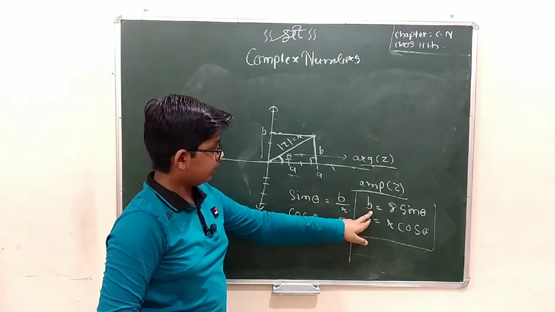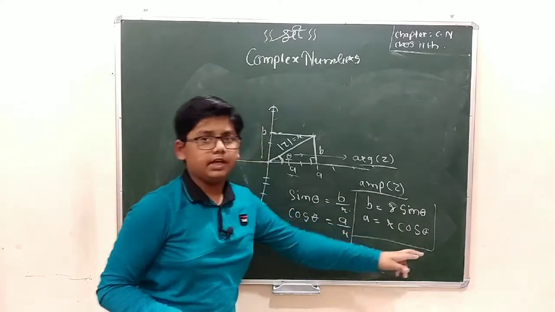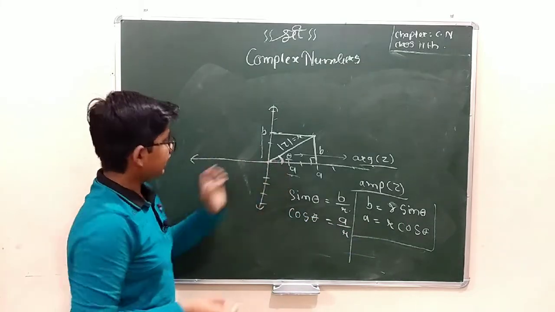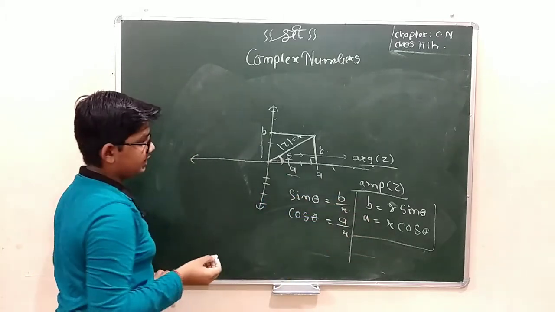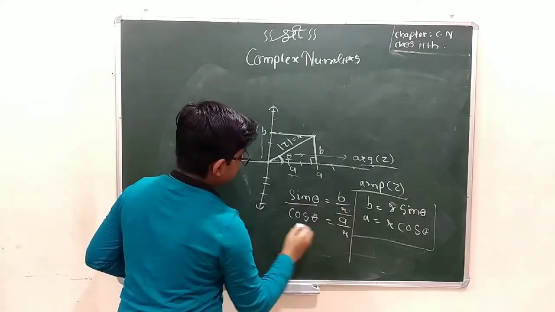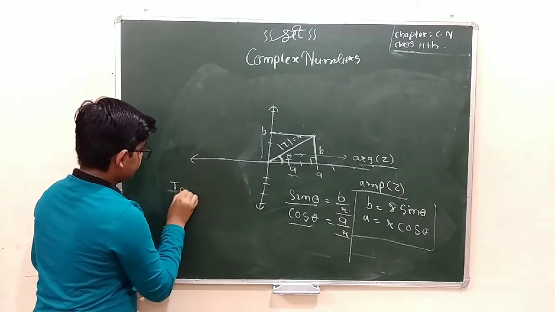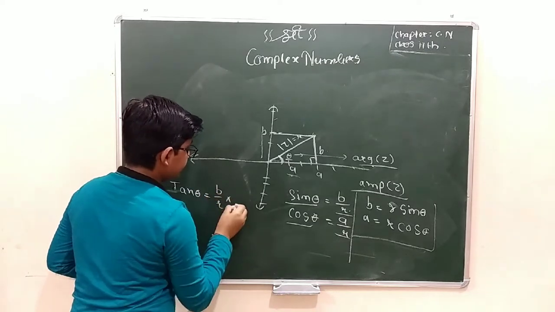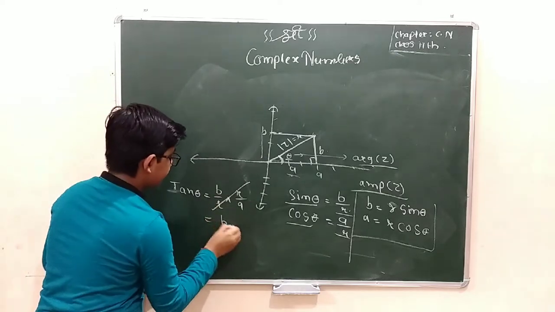Now what if we take tan theta? Tan theta is sin theta upon cos theta. We know that sin theta is equal to b by r, cos theta is equal to a by r, which means that tan theta is equal to b by r into r by a. r and r get cancelled, so we get b upon a.